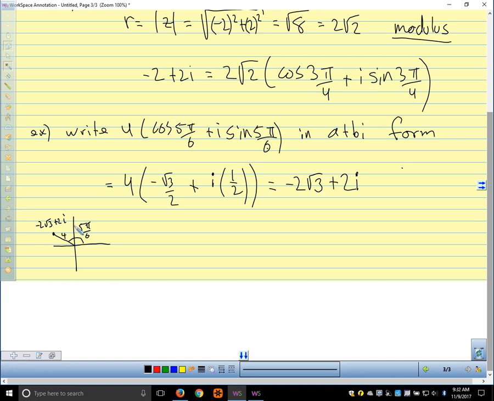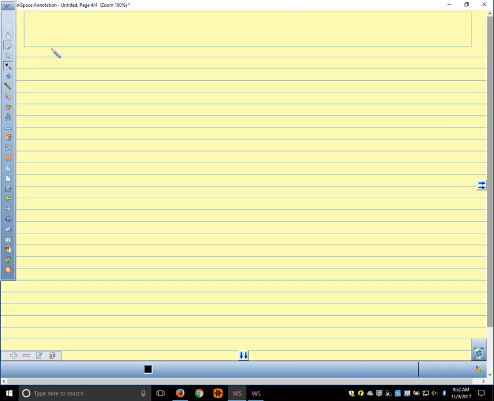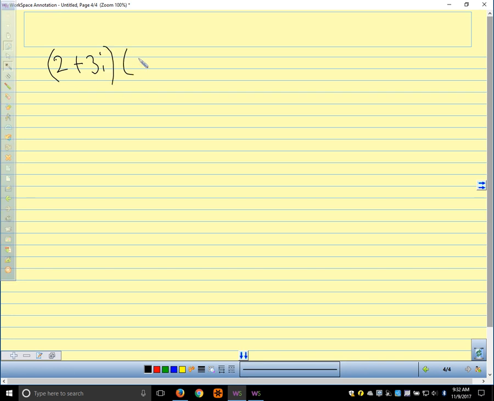But two, let's think back when you've talked about complex numbers before. How would you multiply something like 2 plus 3i times 5 minus 7i? What do you have to do to do that multiplication?